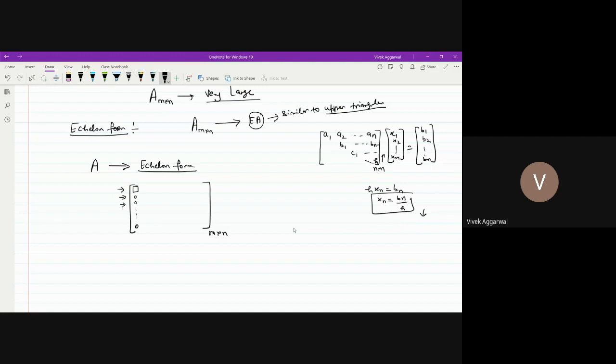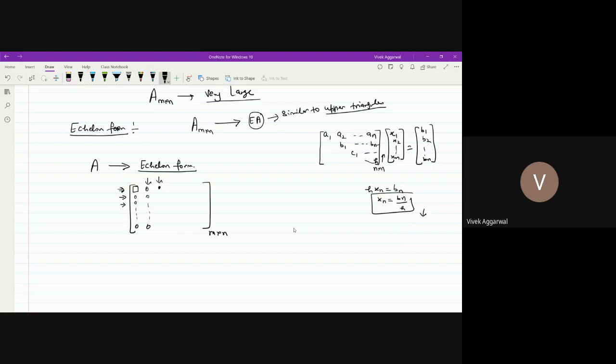Then I will start looking at the next column. In that column, suppose all the elements are 0, 0, 0, 0. Then I will look for the next one. Suppose the next non-zero element is occurring here only. So I will leave this one because we have to go one further bottom to the first non-zero row.